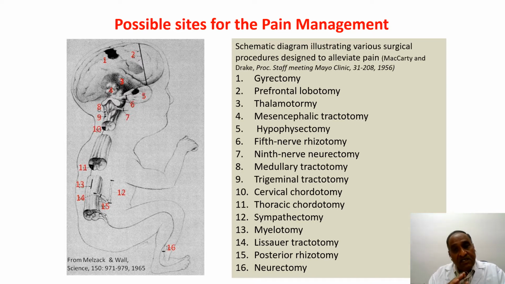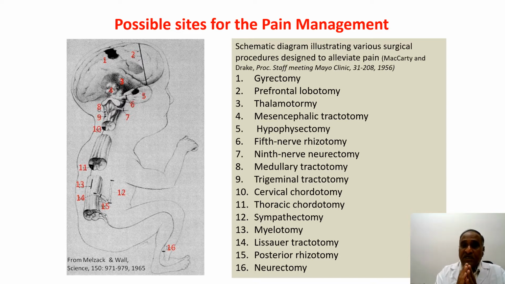Then sever the connections from thalamus to the cortex. That means the ventroposterolateral nucleus of the thalamus or the thalamic areas, they are severed or removed or ablated. Then tractotomy at the mesencephalic level, that midbrain level.